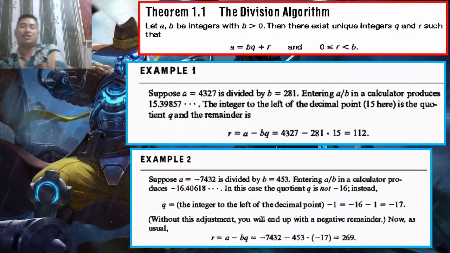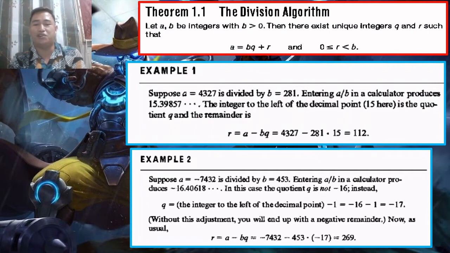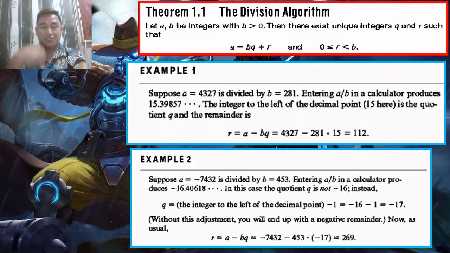Suppose ang atong A class kay negative 7,432, then divided by B which is equal to 453. Okay. So suppose ang negative atong A, i-divide siya og positive nga 453. So entering A divided by B in the calculator, kung ato i-calculate, this is negative 16.4. So in this case class, the quotient is not negative 16.